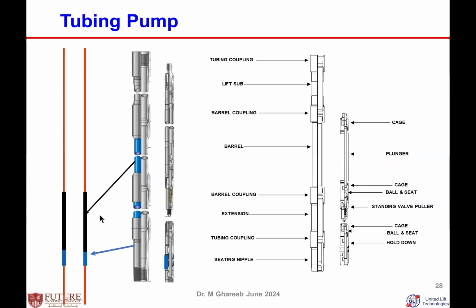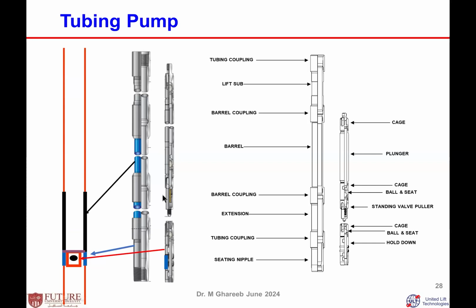In this case, we run the standing valve and the plunger separately. We have different options: either run the standing valve from the surface by dropping it or by wireline operation, or you can connect it to the traveling valve assembly, the plunger assembly, and when you reach the bottom of the well, you can dismantle them.